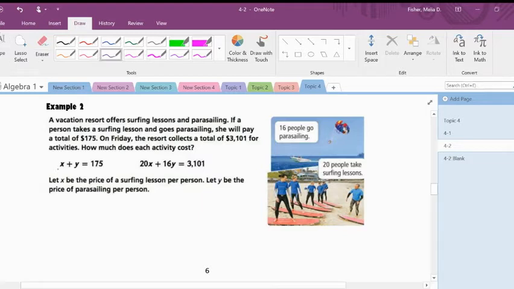So she's going to spend a total of $175. So X is going to represent the price of surfing lessons, and Y is the cost of parasailing.